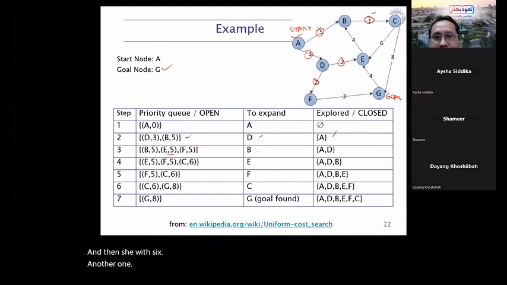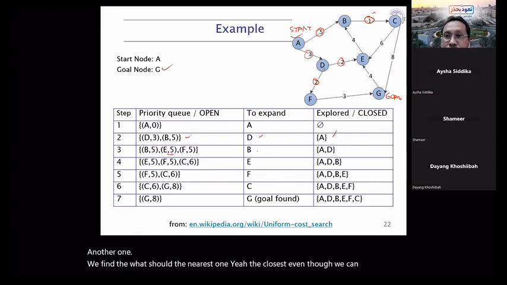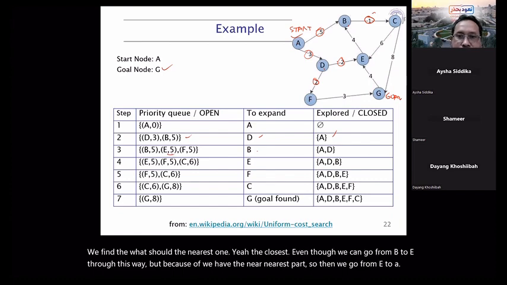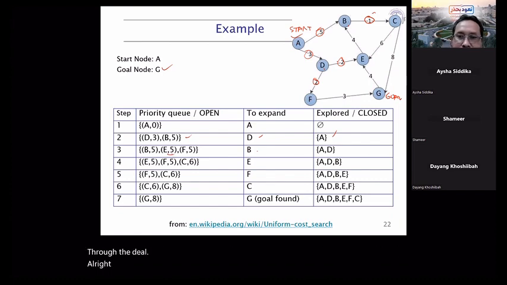We find the nearest one, the closest. Even though we can go from B to E through this way, because we have the nearest path, we go from E to A through D. So A, D, and so on until we finish.